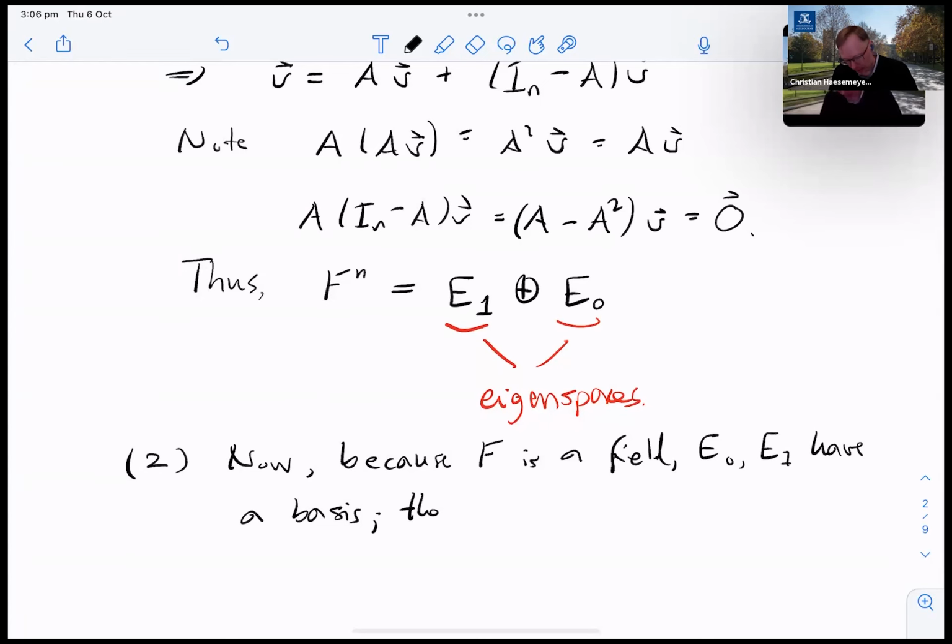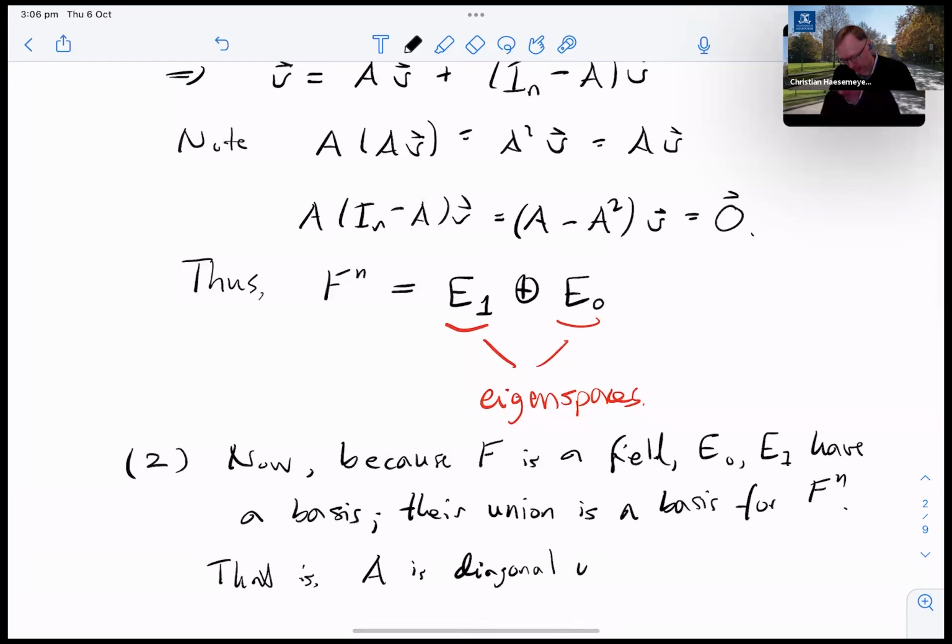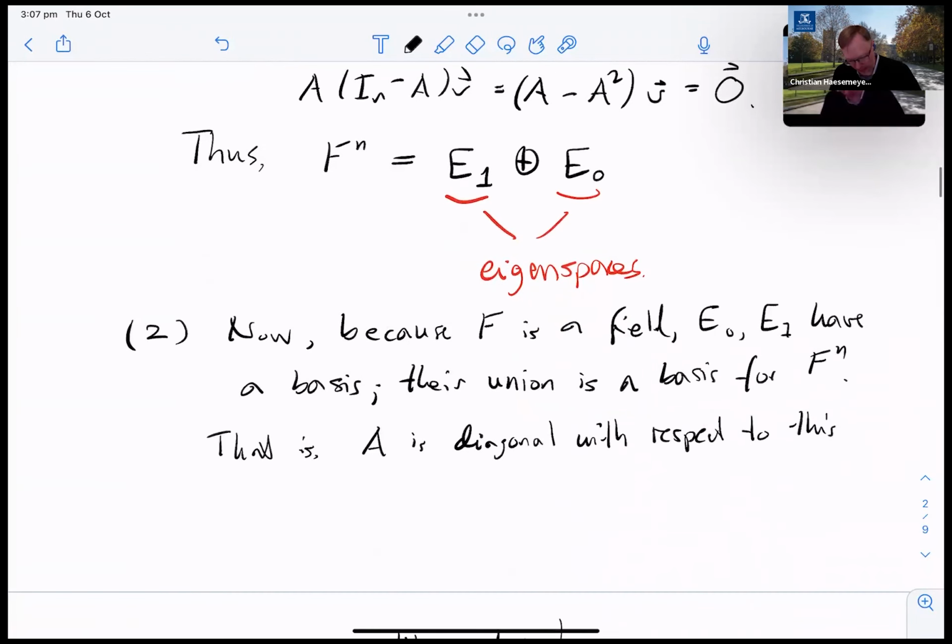And their union is a basis for the original vector space F^n. And now we really have proved that A is diagonal if we express it with respect to that basis consisting of eigenvectors.